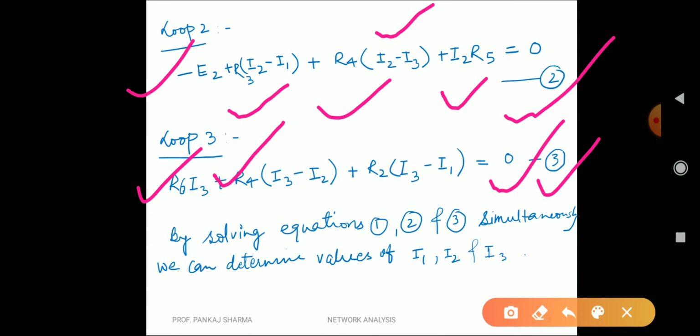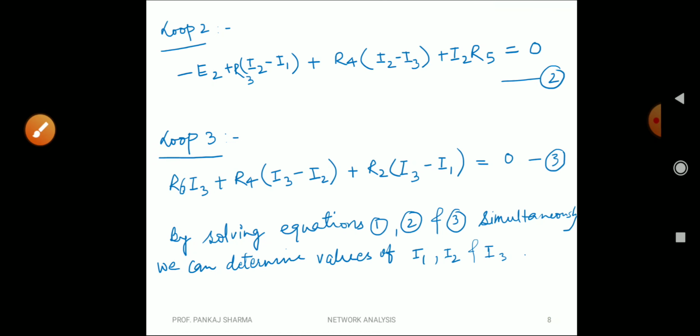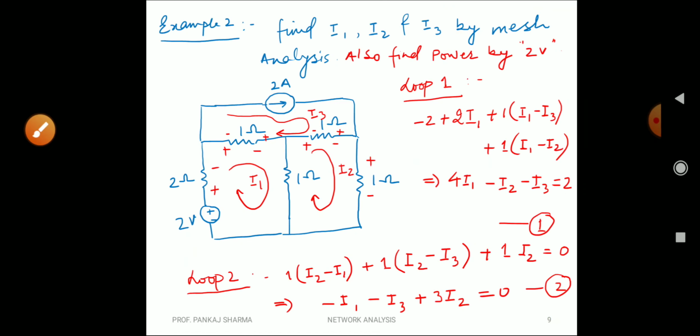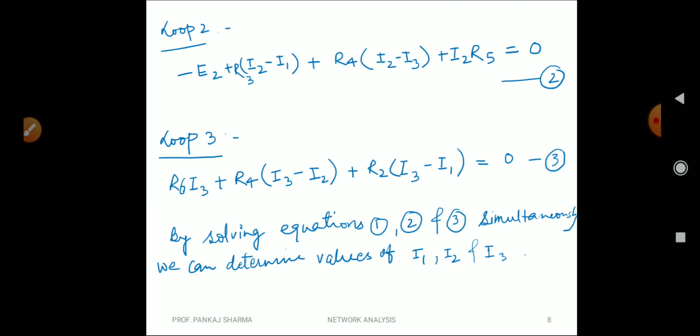Now by solving equations 1, 2 and 3 simultaneously, we can determine the values of I1, I2 and I3. Dear students, that was your generalized form of mesh analysis. In the place of R1, R2, R3, you can have specific values. In the place of I1, I2, I3, you will get specific ampere values.